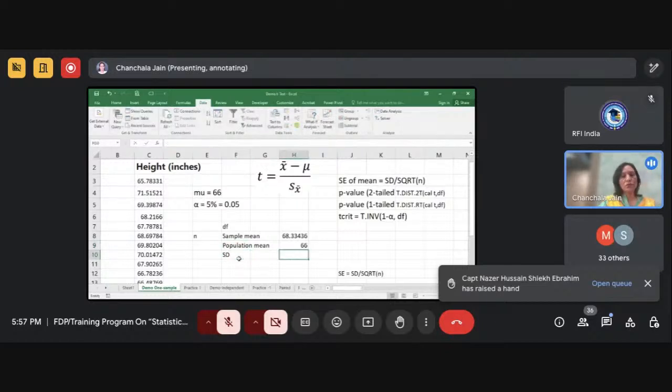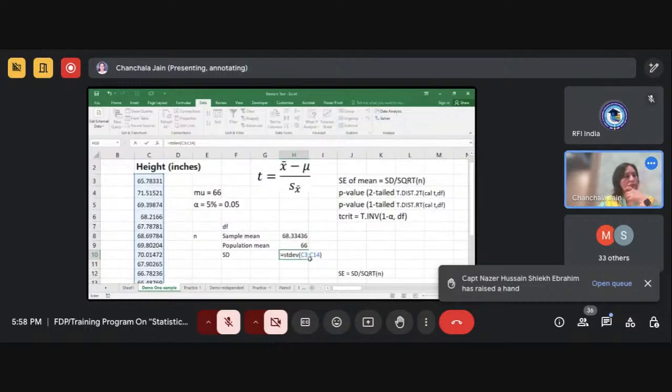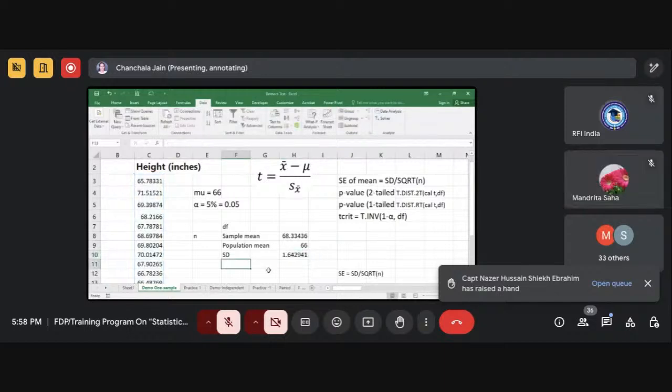The standard deviation function is STDEV, and in the range you give the range of your data. Yes, ma'am.